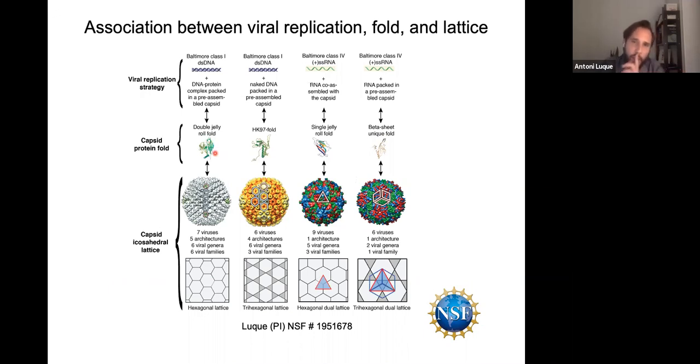But what is important to notice is, for example, these single jelly roll have some area. So the idea is, what is constraining the fold so much in the first place? Because we have a high diversity in the sequences. Yeah. But when we look at the structural parts, we only have a few folds, no? So that means that they're strongly selected.